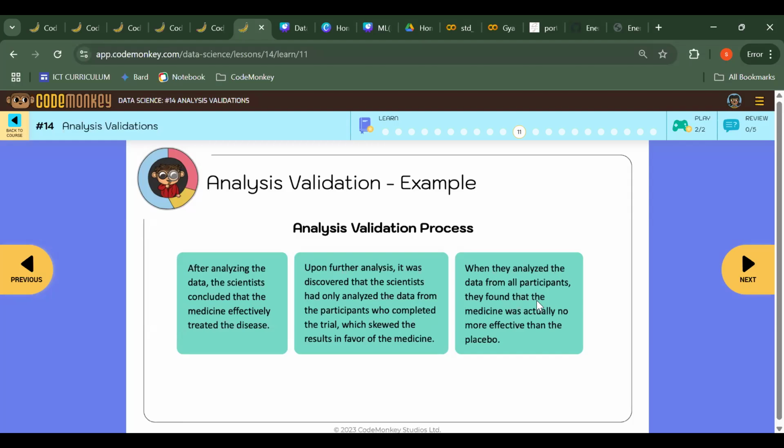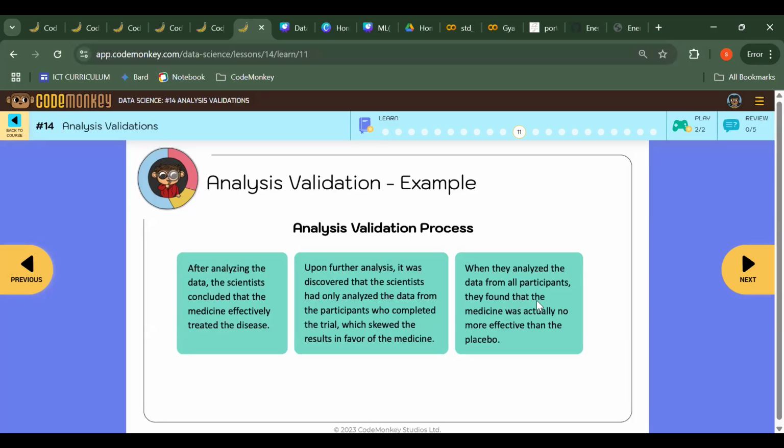That means, in simple terms, this example shows that if you don't carefully check how you're looking at your data, which is what analysis validation is, you can get a wrong answer.